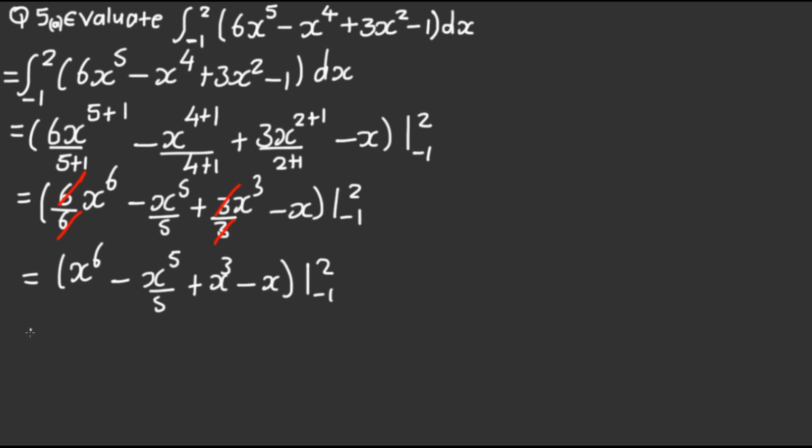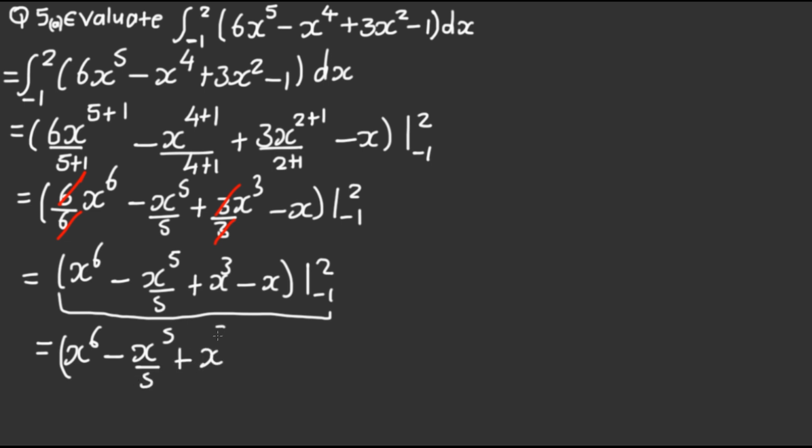Then I'm going to write these into 2 pairs. So the first one, we will have the upper limit, x raised to the power 6 minus x raised to the power 5 over 5 plus x raised to the power 3 minus x.